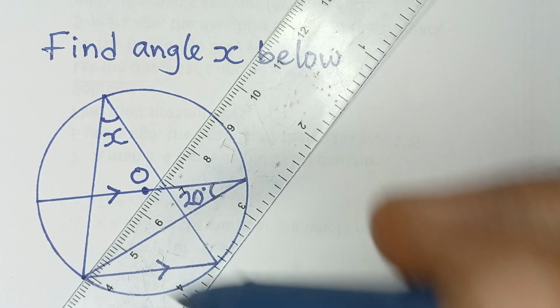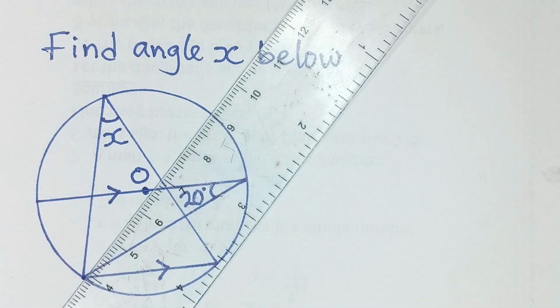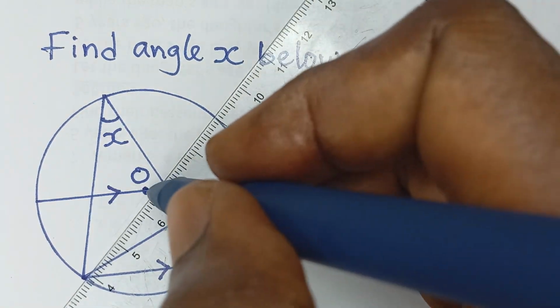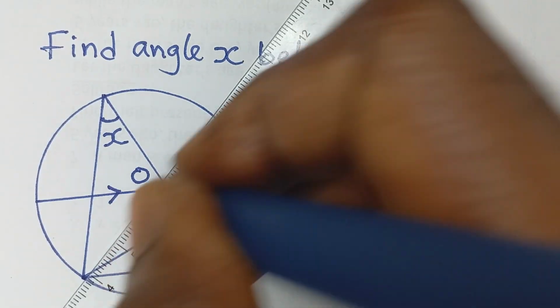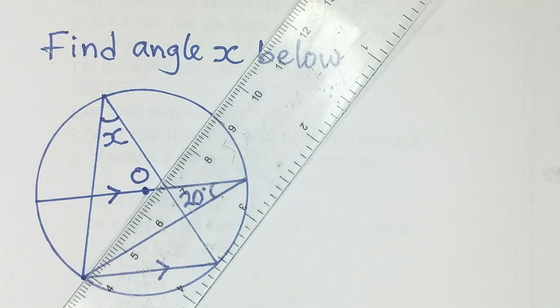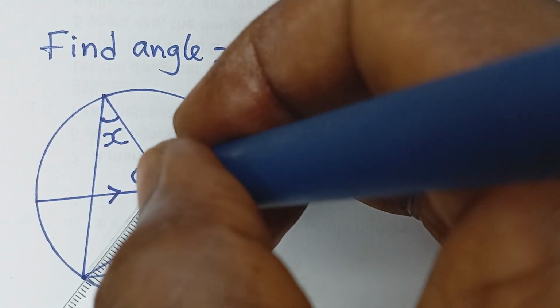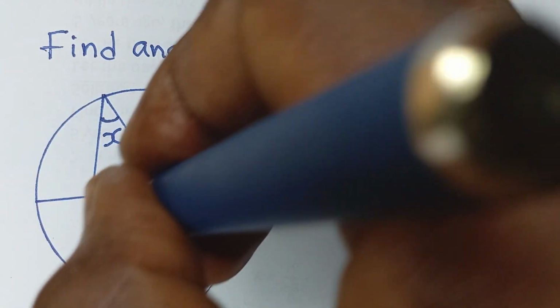So let me trace a line here. That is a line to indicate the center of the circle. Alright, so that is the line at the center of this circle here.